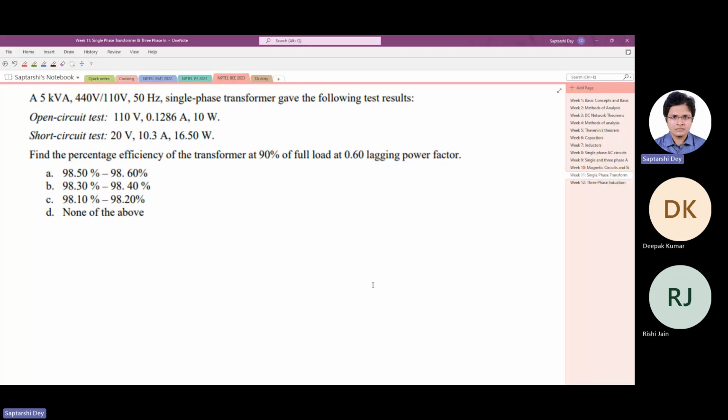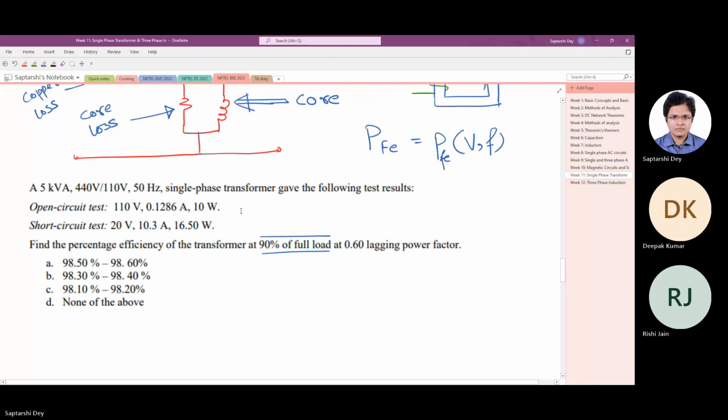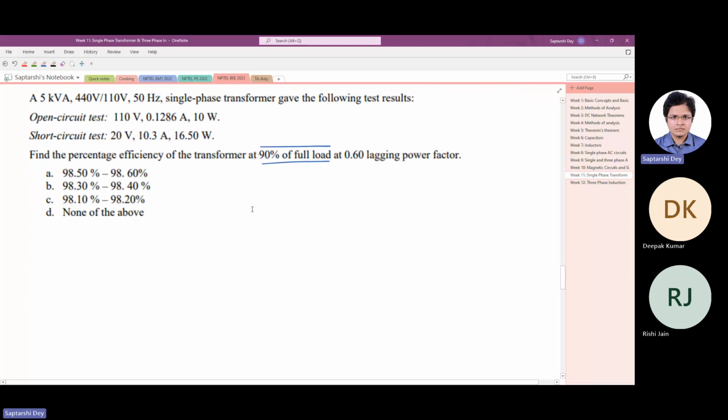Okay, so when we say 90% full load, it means the transformer is now carrying 90% of its rated current.